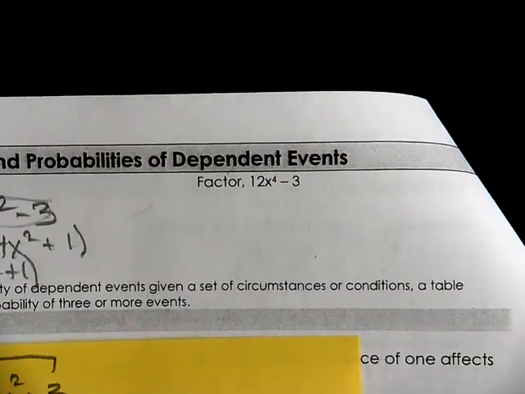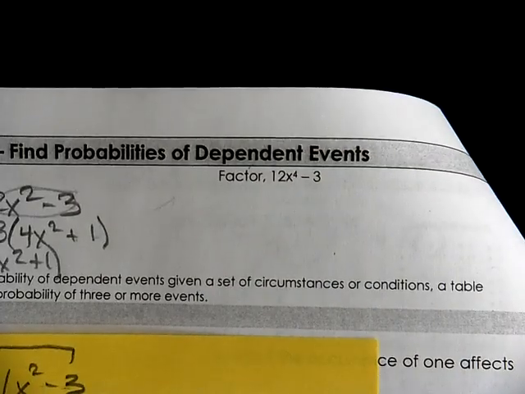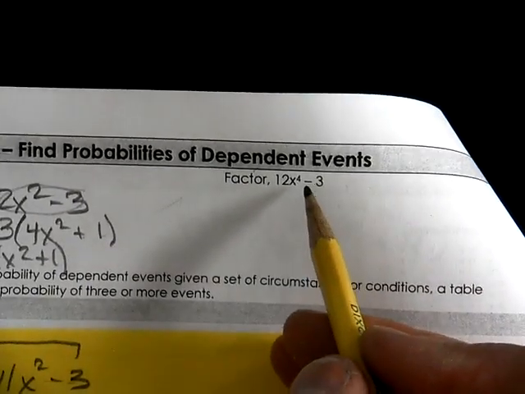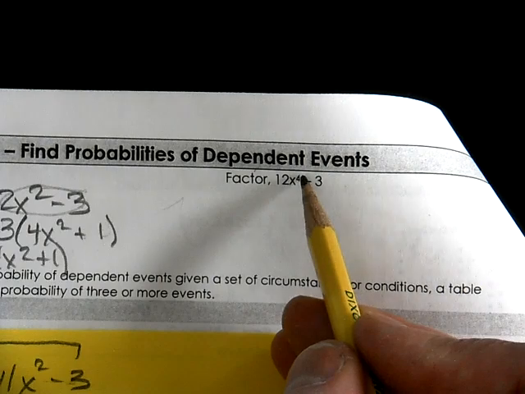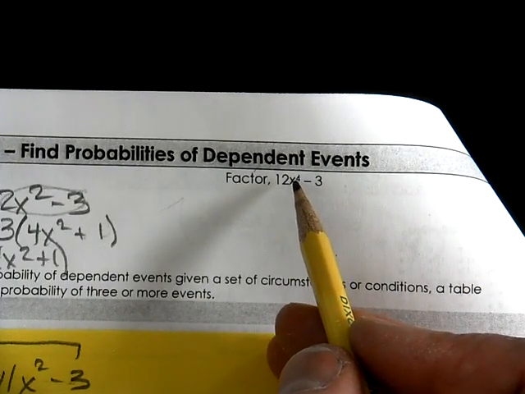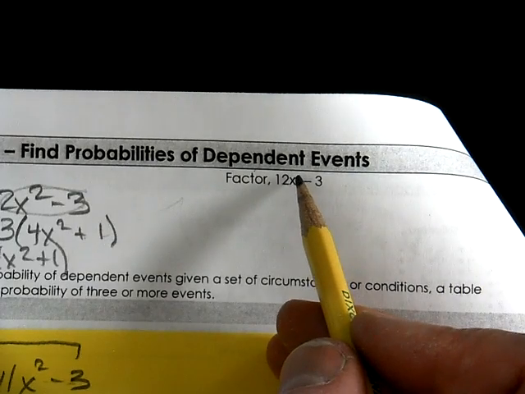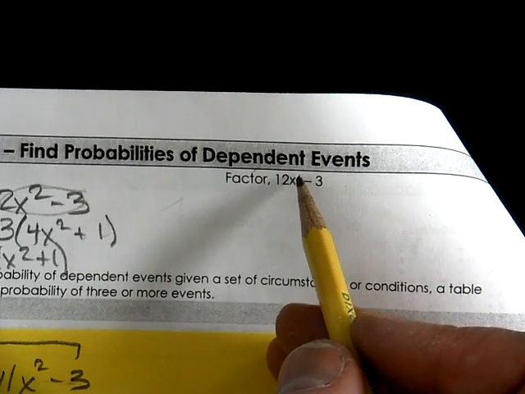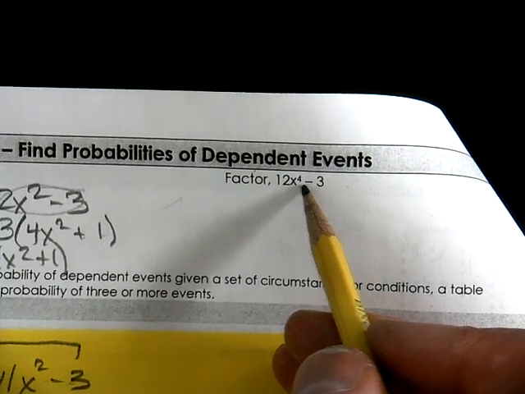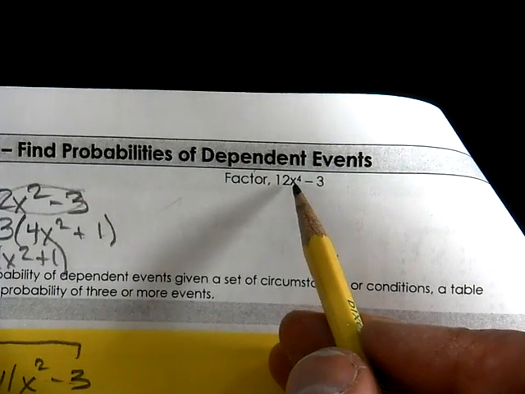Okay, looking at our next binomial. I look at the binomial and I see that the exponent on the 4 is an even number. It can be considered a perfect square. This is a negative. So this is the difference of a perfect square.